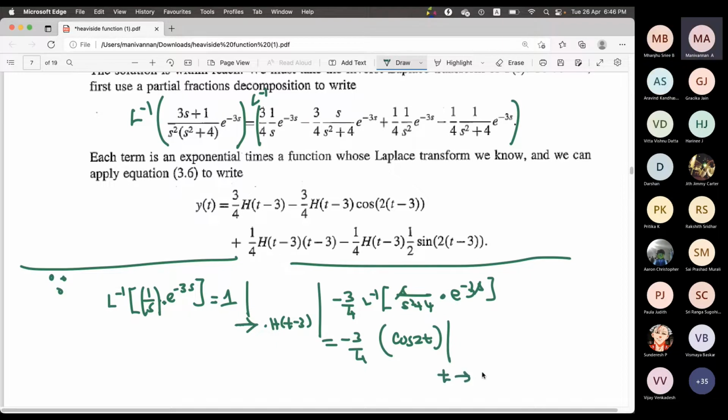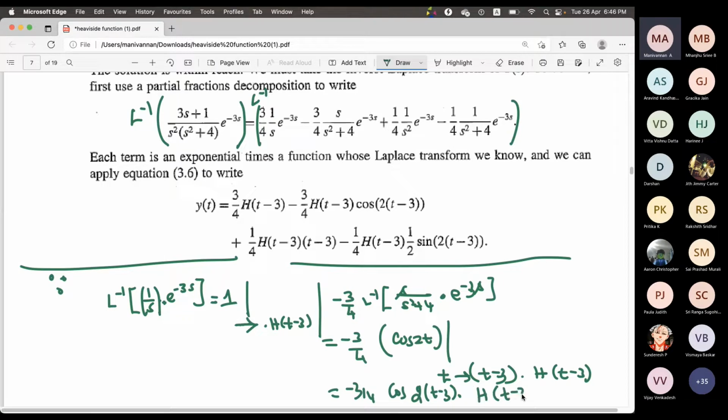This t will be replaced by t minus 3 into h of t minus 3. That's why here it is minus 3 by 4 cos of 2 times t minus 3 into Heaviside or unit step function of t minus 3. This term here we are having.